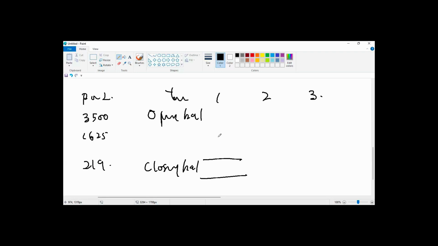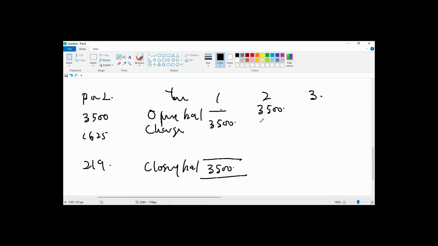Opening balance in year 1 is 0, but we have a charge of 35. 0 plus 35 gives 35. 35 is the closing balance in year 1, which becomes the opening in year 2.